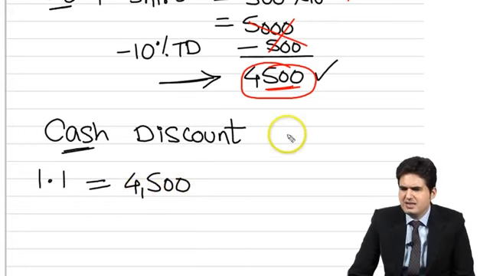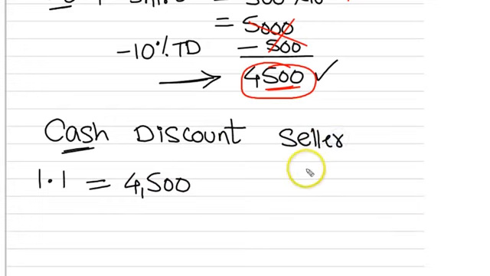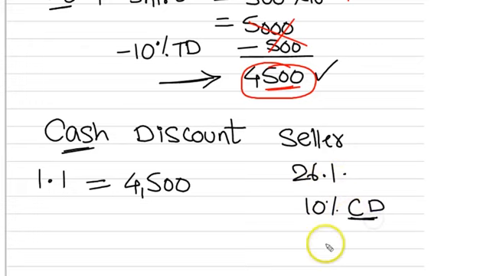And let us say the seller of the goods tells me that if I make the payment by 26th of January, he will give me a concession of 10% in the payment, that is 10% cash discount. So why is he supposed to give me 10% cash discount? Just in order to make me pay within a specified time period, or just to extract the money from me in a much quicker way.